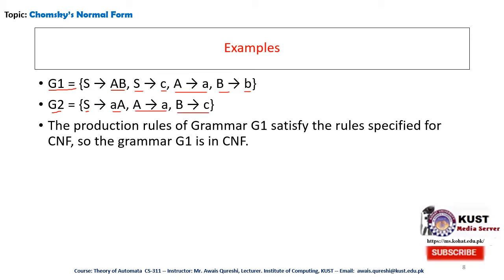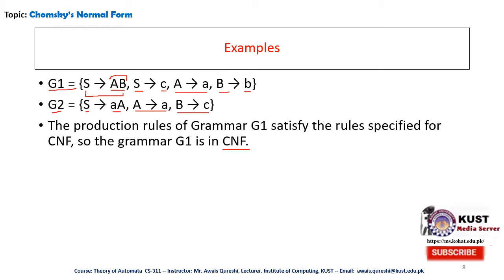So the production rules of grammar G1 satisfy the rules specified for CNF. So the grammar G1 is in Chomsky's normal form. As you can see, we have to check only one rule out of the above three rules, because in this grammar you can see that it is satisfying two conditions. The first condition is a length of 2: a non-terminal symbol is generating two non-terminals. The length restriction is completed over here.